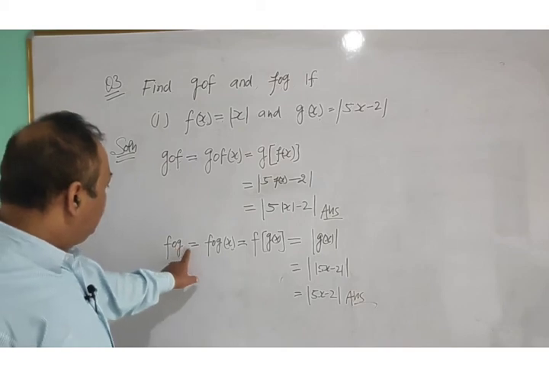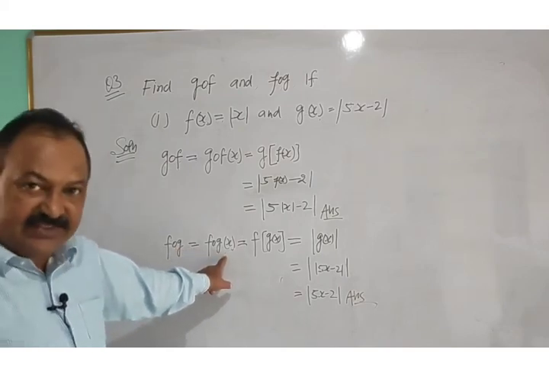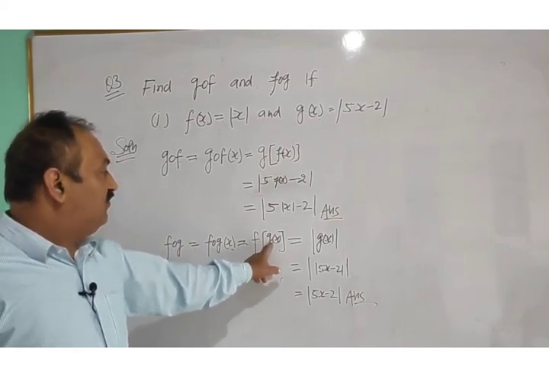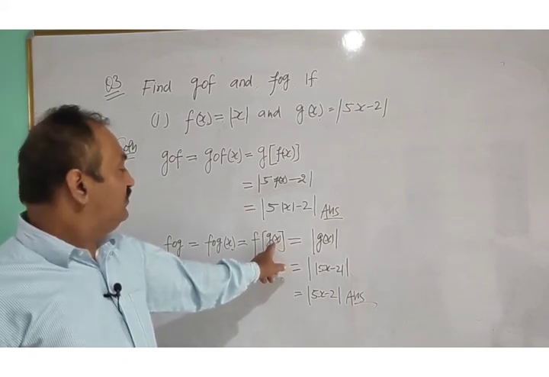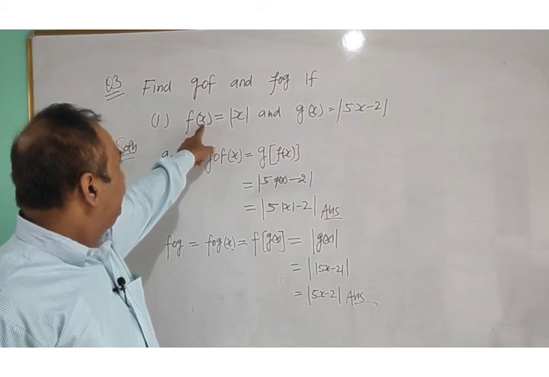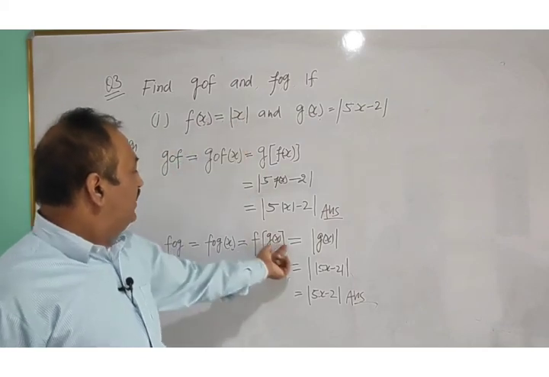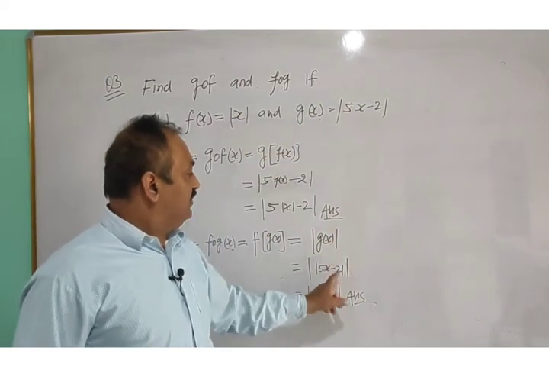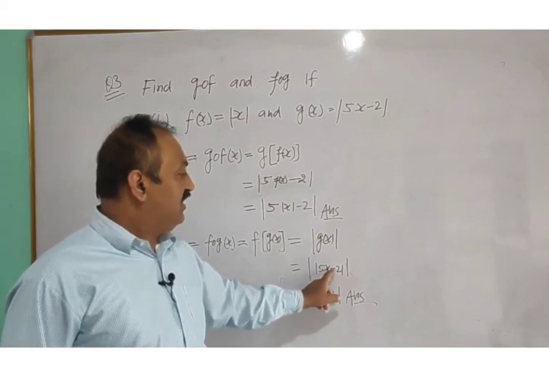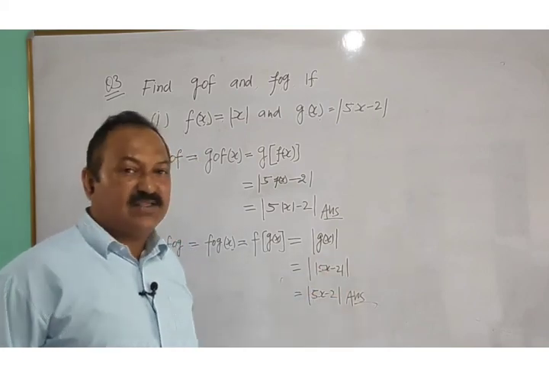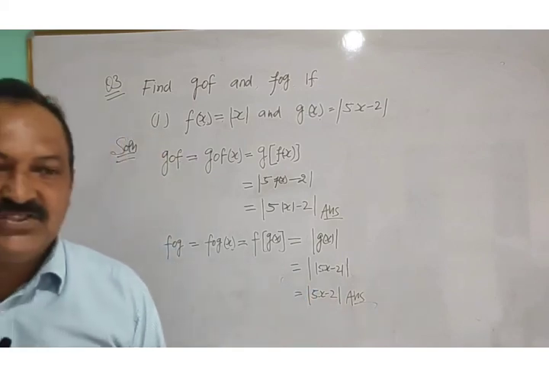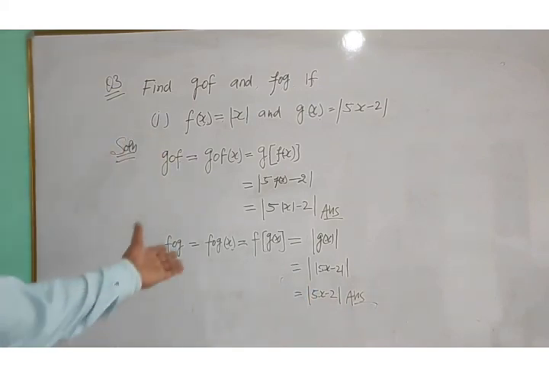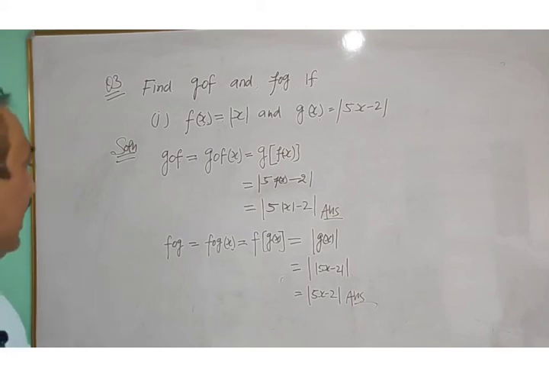Similarly, fog is equal to fog(x), that is equal to f of g(x). Changing x into g(x) in f(x), we get modulus of g(x), and again substituting the value of g(x), we get modulus of modulus of (5x minus 2), and taking only the single modulus, modulus of (5x minus 2), that is the value of fog.